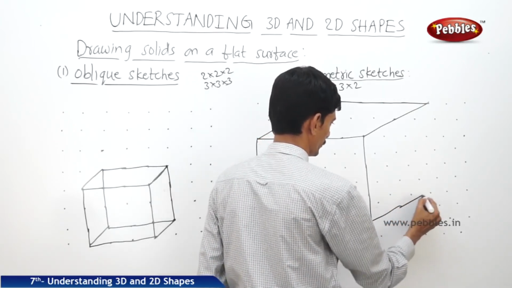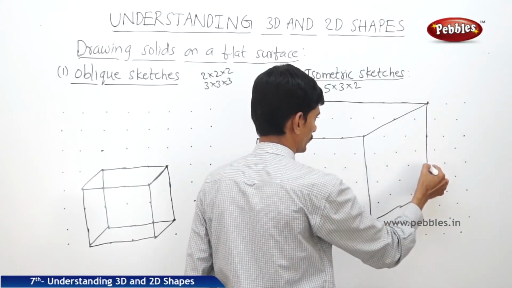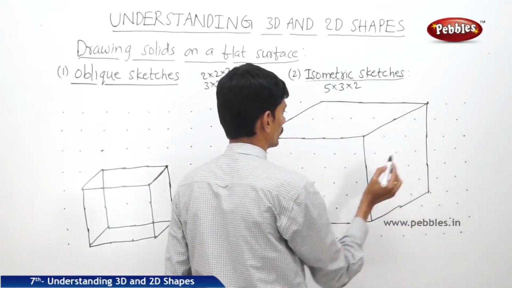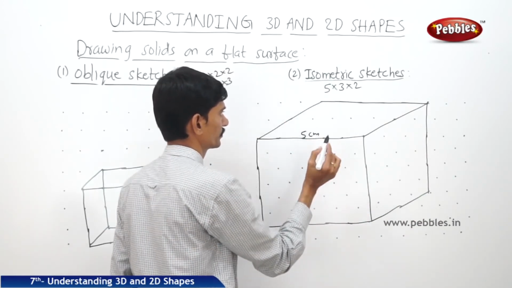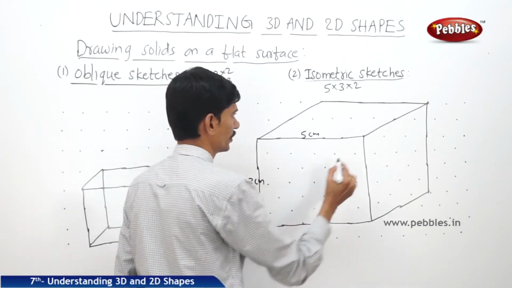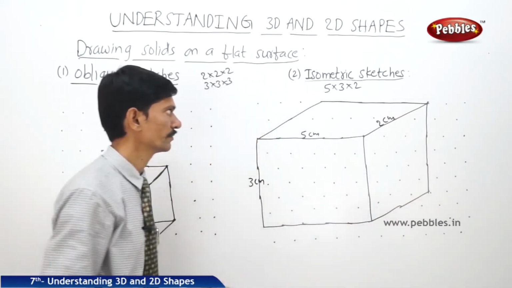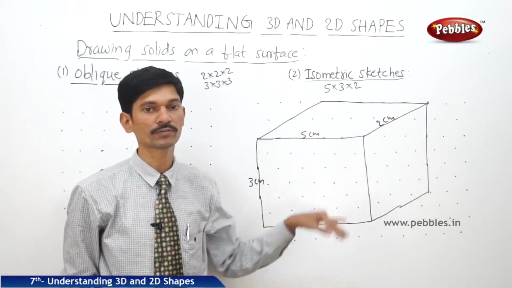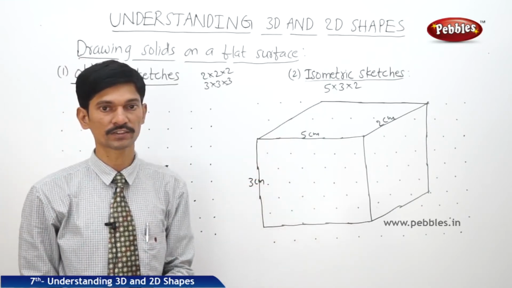Now this is 5 centimeters and this is 3 centimeters and the breadth is 2 centimeters. So this is the cuboid of the dimensions 5 by 3 by 2. So in this way we can show any solid object using the isometric sketches.